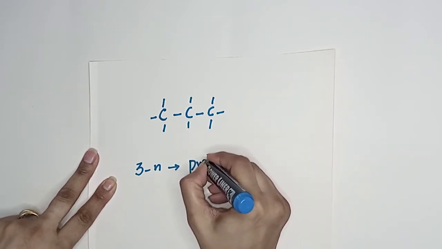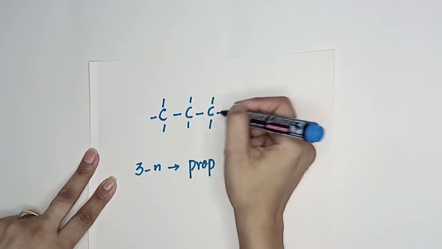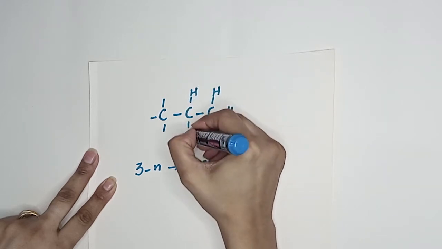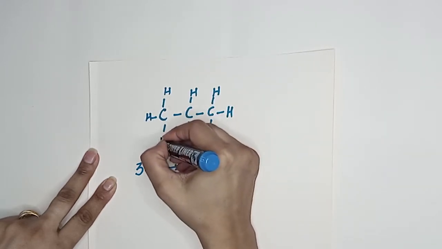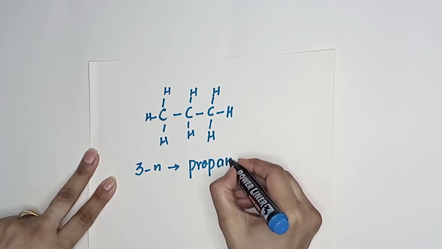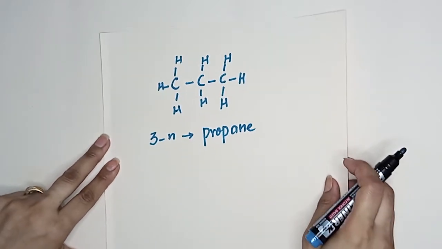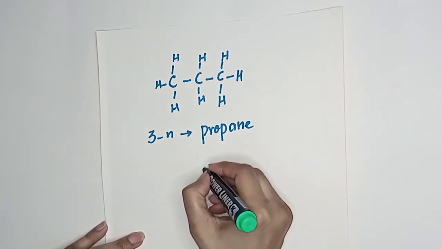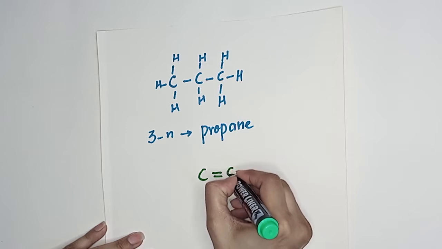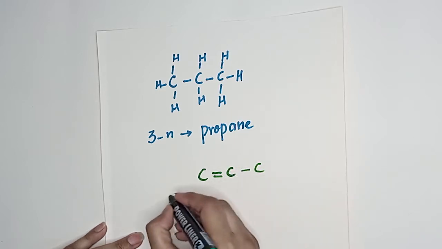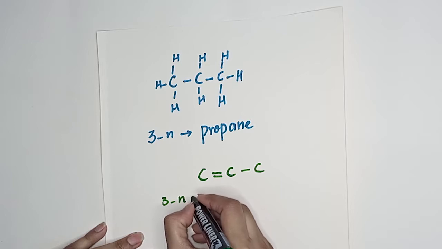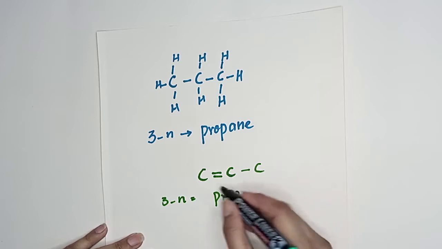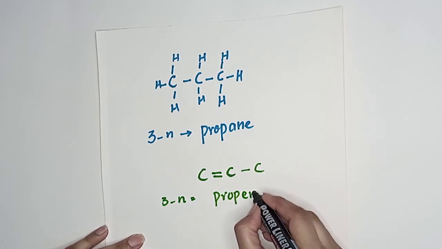Yes, it is prop. And then the rest is all hydrogen atoms. If there is a carbon-carbon single bond, the name ending will be ane, propane. But if we have a carbon-carbon double bond in the series and we have 3 carbon atoms, again the name will be like this, prop, and because of the presence of the double bond we will write it ene.